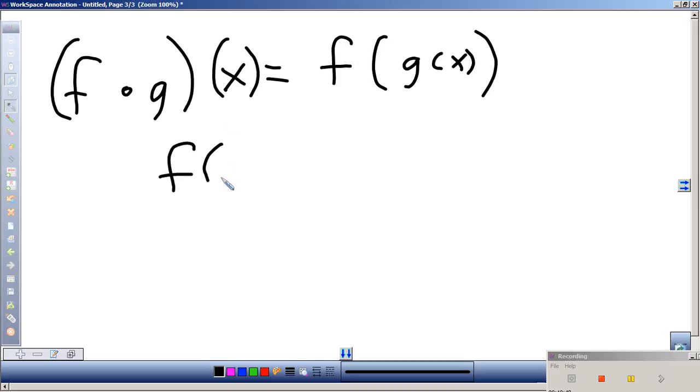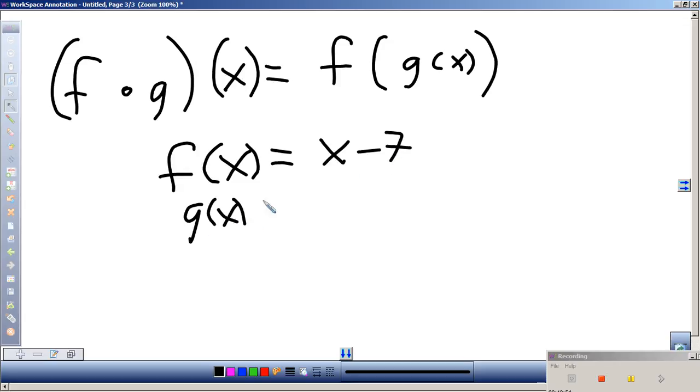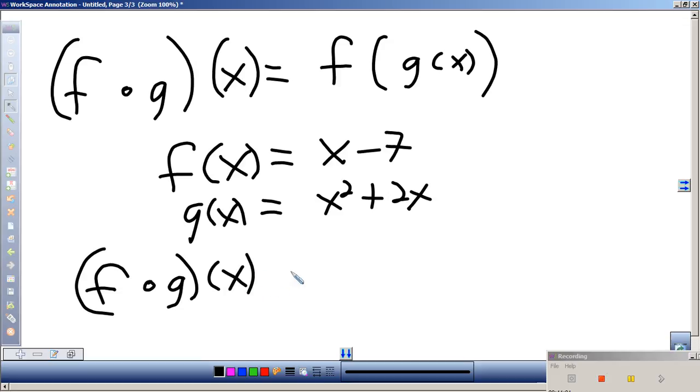So if I said f of x equals, say, x minus 7, and g of x equals x squared plus 2x. If I did f of g of x, okay, that means f of, what is g of x? x squared plus 2x. Which means we're going to take this and plug it into x.